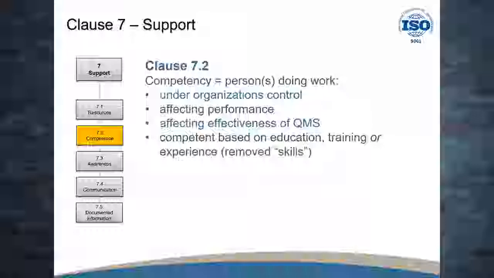But the word skills is removed from this version in 2015. So it used to say education, training, skills, and experience, and now it says or experience, and the word skills is out.